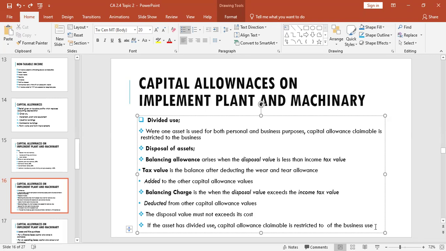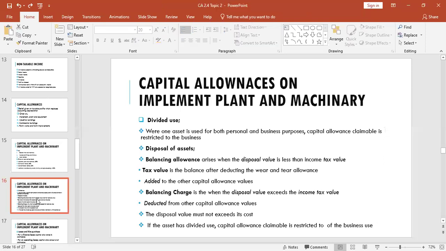So even expenses that are incurred for both personal and business purposes, I will emphasize this, restrict the expenses to business use. So only expenses that have got divided use, you restrict to the proportion of the business use. Even capital allowances is the same. I'll emphasize and emphasize again. This is very, very important.